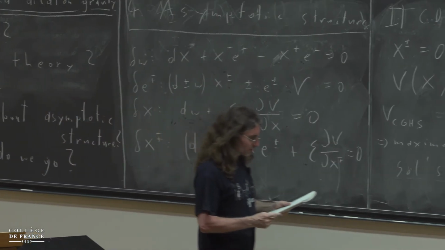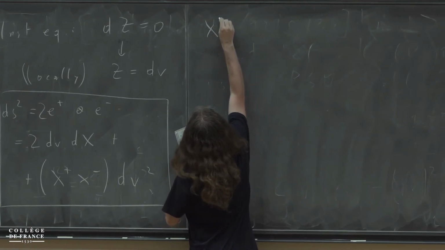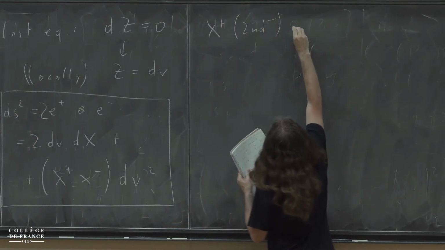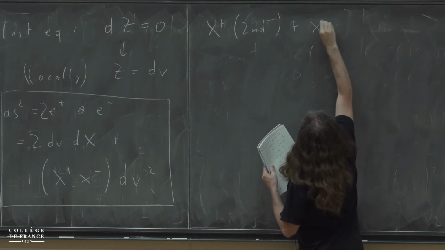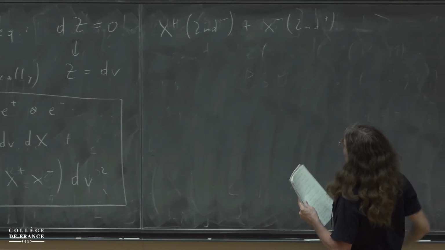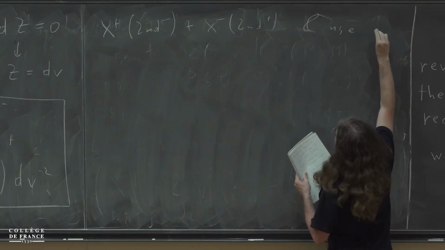It turns out the useful combination is to multiply the second minus equation with x plus, then add the second plus equation multiplied by x minus, and use the first equation.